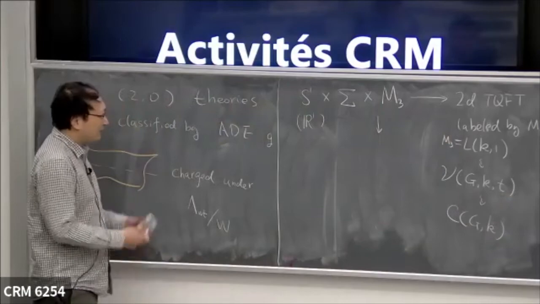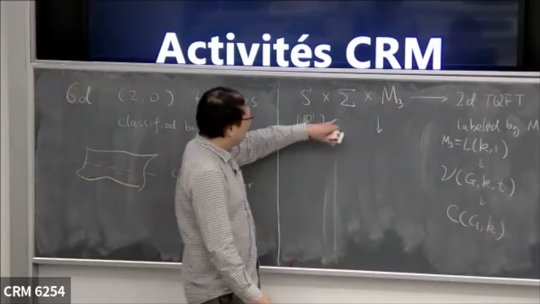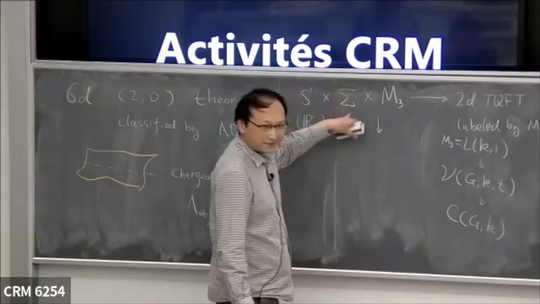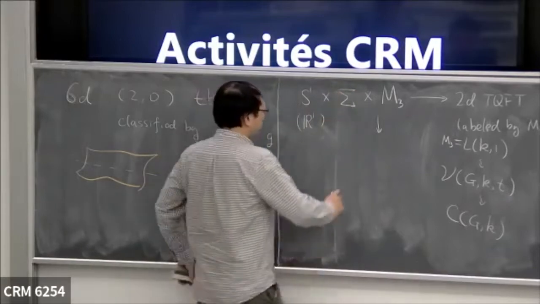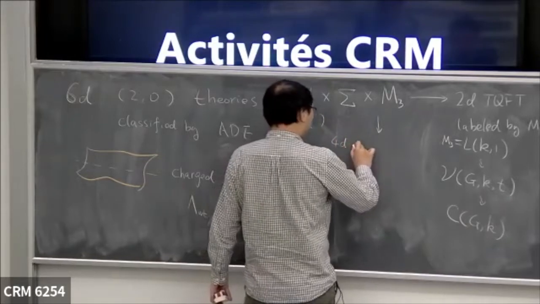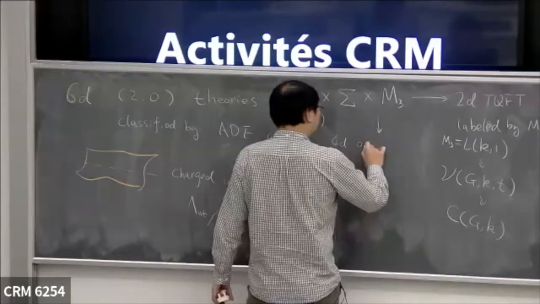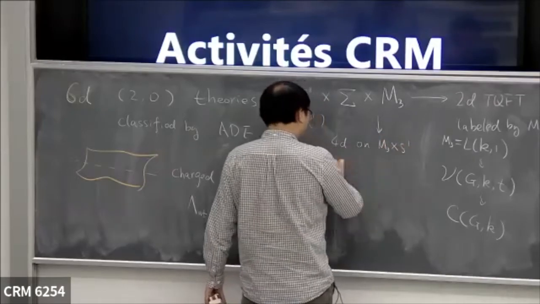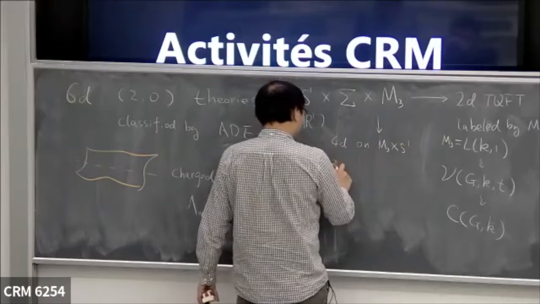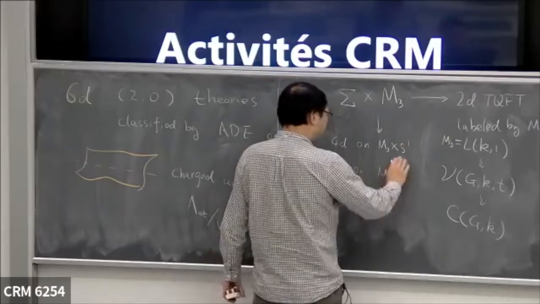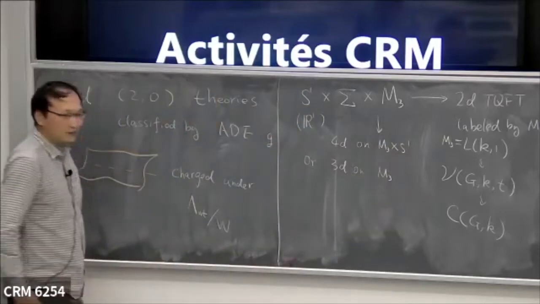Alternatively, one can first reduce this factor, and then one will have either a 4D theory, M3 times S1, or a 3D theory on M3 if I further reduce the S1.